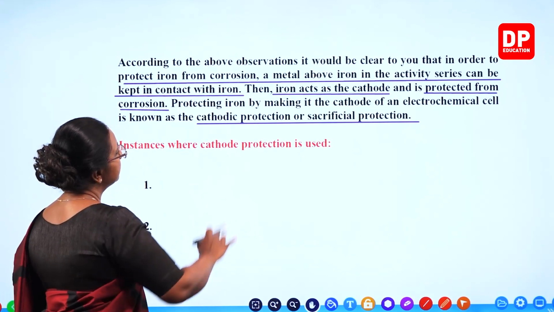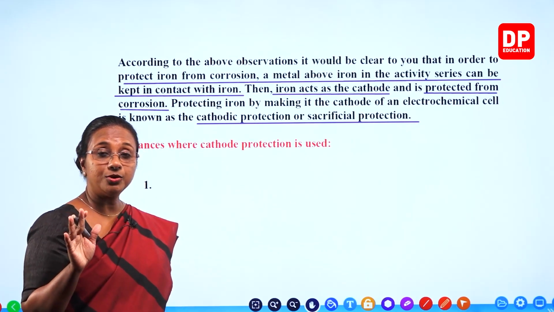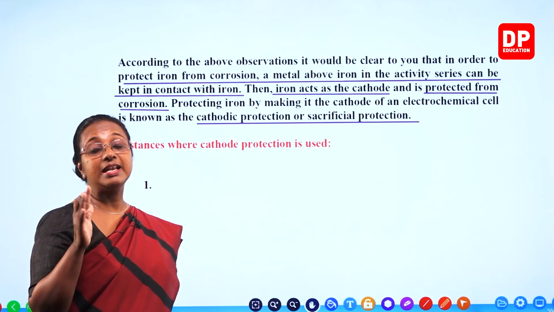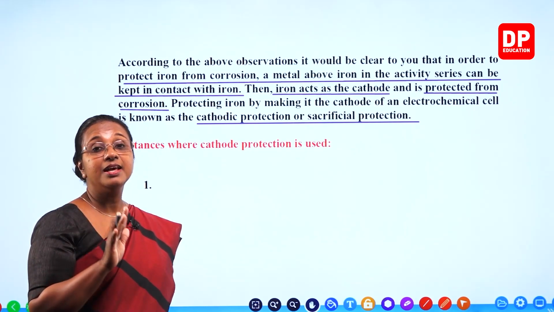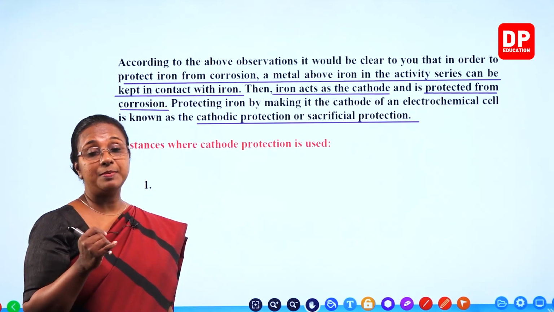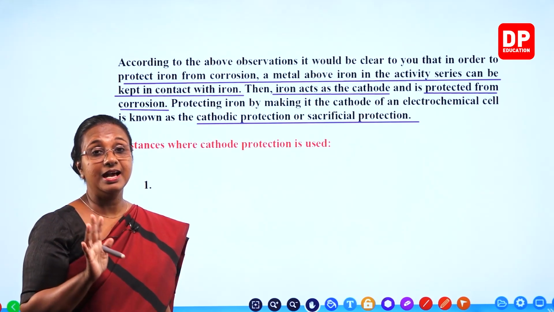Here are instances where cathodic protection is used. When we say cathodic protection, you have to remember students, the metals above iron in the activity series, or metals that are more reactive than iron, have to be used. Examples, magnesium, zinc, those are more reactive than iron.